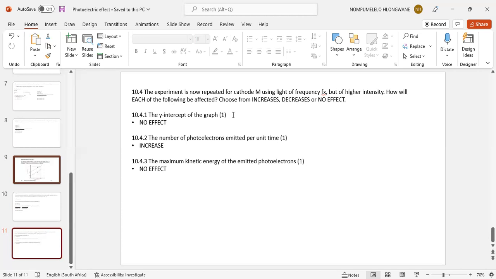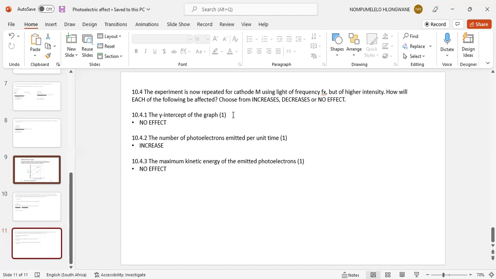The next question, the maximum kinetic energy of the emitted photoelectrons. Remember, the energy is directly proportional to the frequency. High frequency, high energy. Low frequency, low energy.